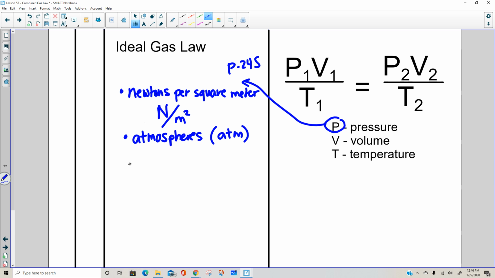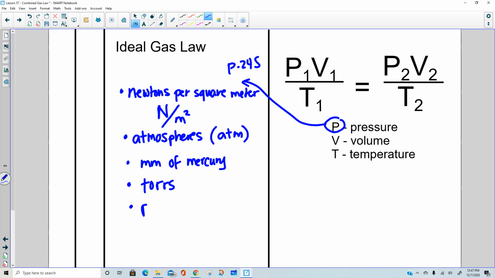The other one in your book says millimeters of mercury. I haven't ever seen that used in this book, but we'll write it out anyway. Millimeters of mercury is a pressure. Okay, we do see this one in the book, a pressure called torrs.